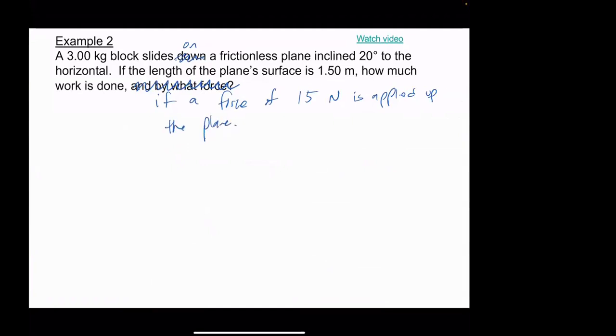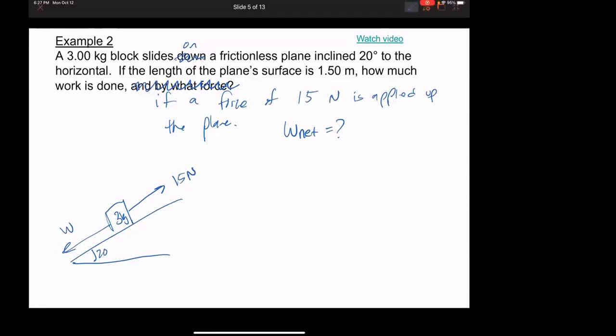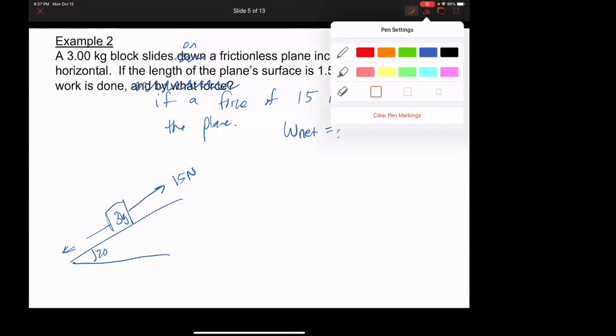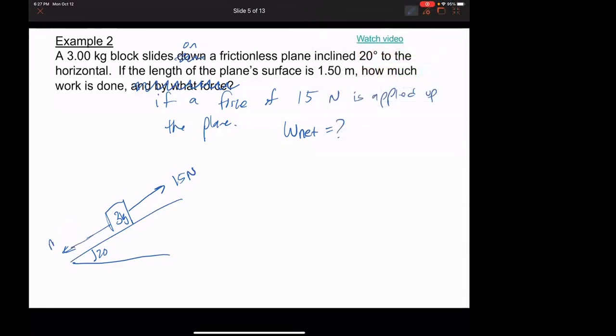So now when we set this up, same idea, 20 degrees, and we've got our block, which is 3 kilograms. Now we have a 15 newton force up the plane. We have the weight down the plane, and we want to know what the net force is. So in this case, we're looking for the net work. So we already learned, this is mg cosine 70.